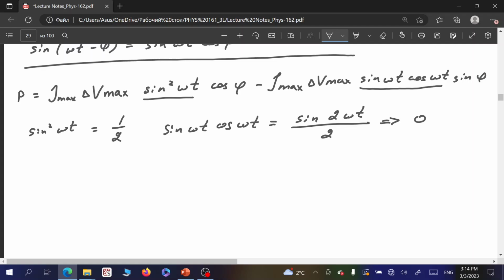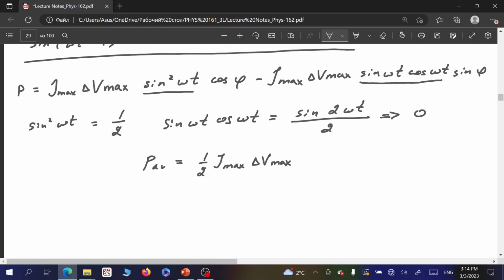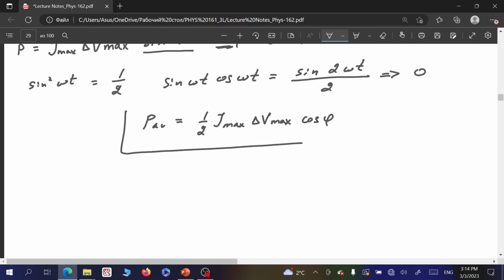So eventually we will get P average equal 1/2 times I maximum times delta V maximum, and we need to keep in mind we still have this cosine phi. So this is the expression for average power dissipated over AC electric circuit.